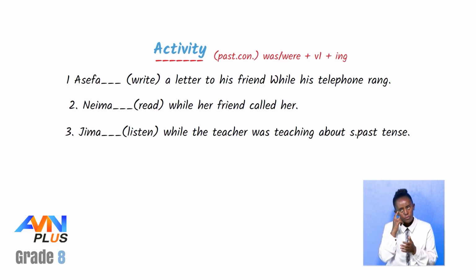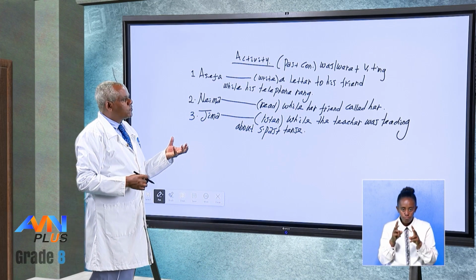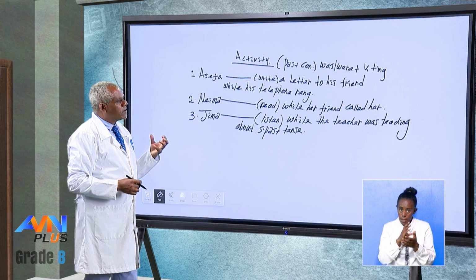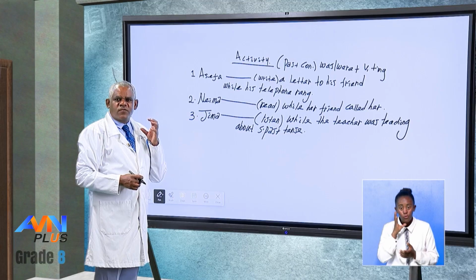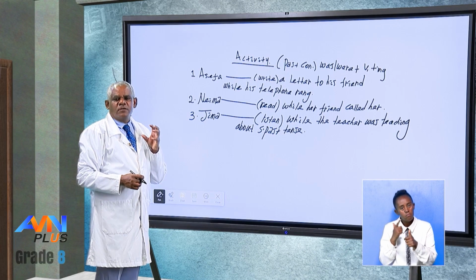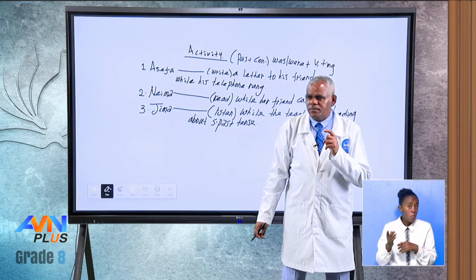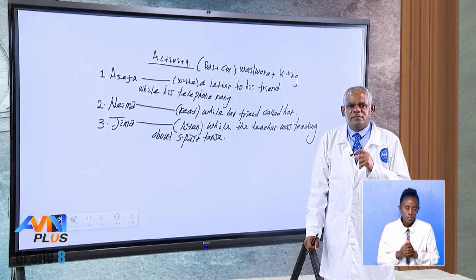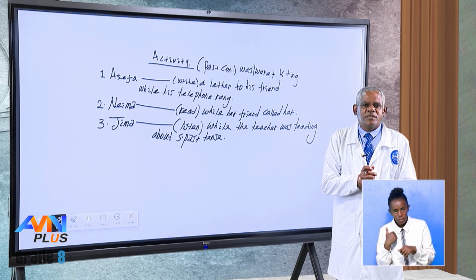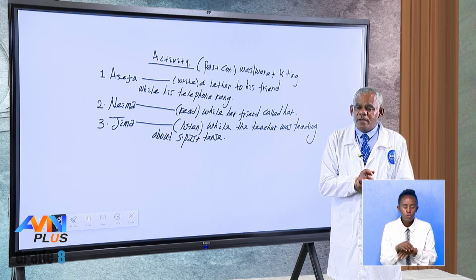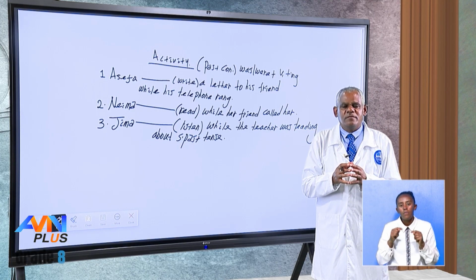Think about it and change those verbs in the brackets into ing form, and you are welcome to make very beautiful and sensible sentences. So don't forget those 3 important issues in order to use the past continuous tense. Ongoing actions should be kept in your mind. Simultaneous actions should be going on there. And the other one is interrupted actions. So keep in mind those examples that I have tried to give you so far.